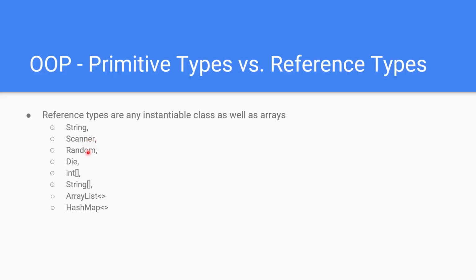Then we have the Scanner, Random, Die, our integer array, String array, our ArrayLists, and our HashMap. These are all types that we can reuse, but they are not primitive types.